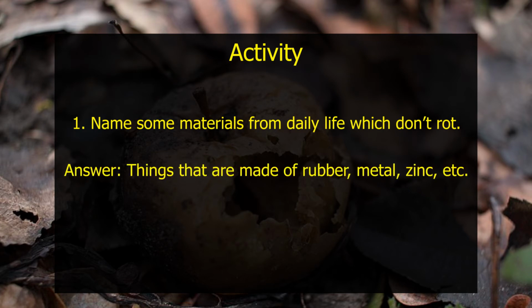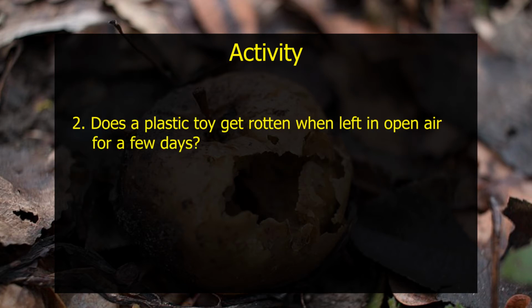Yes, I guess you can name me several of them. Yes, things that are made of rubber, metal, zinc. Correct. Does a plastic toy get rotten when left in open air for a few days?